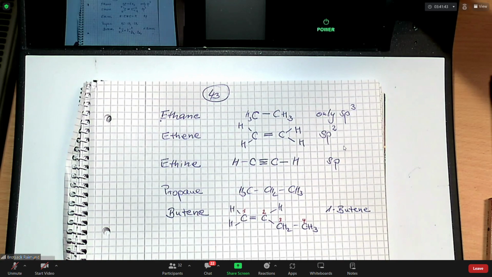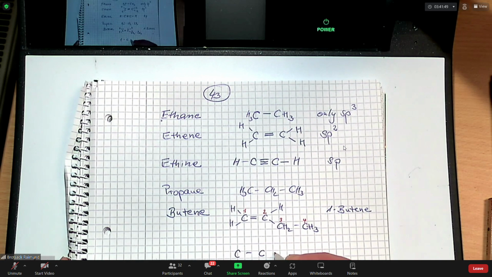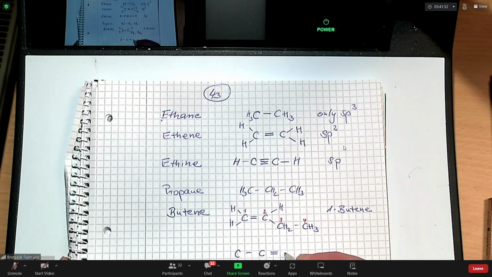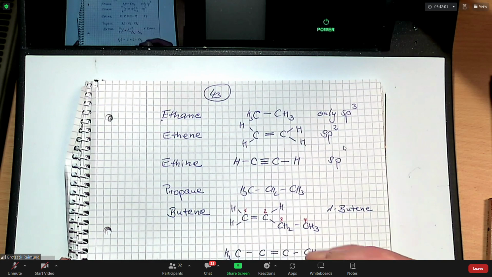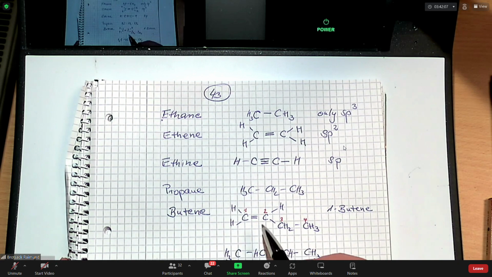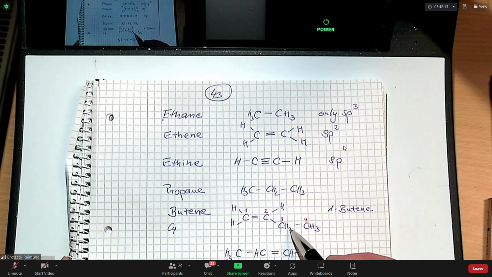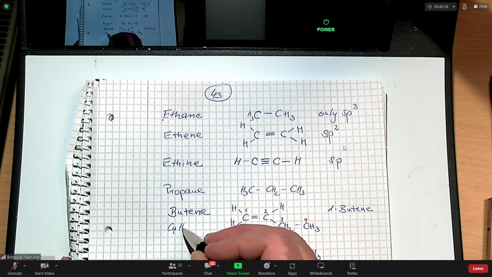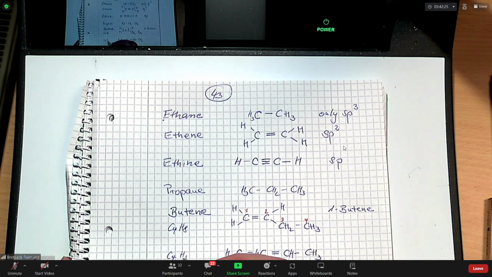But we have a different one. It can be CH3, C, and now the double bond, C, CH3, with H and H. Again, the sum is C4, H8.